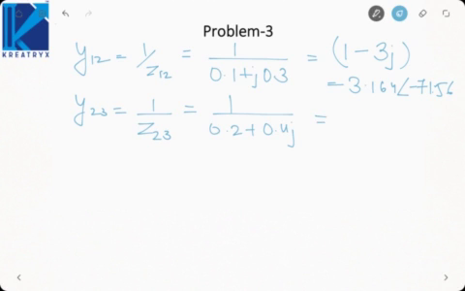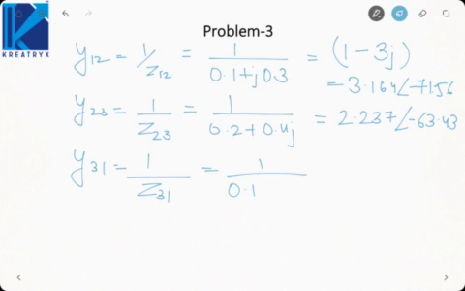This will come out to be in polar form 2.237 minus 63.43. Similarly, y31 will be 1 upon z31. This will be 0.1 plus 0.2j. So this will come out to be 4.474 angle minus 63.43.